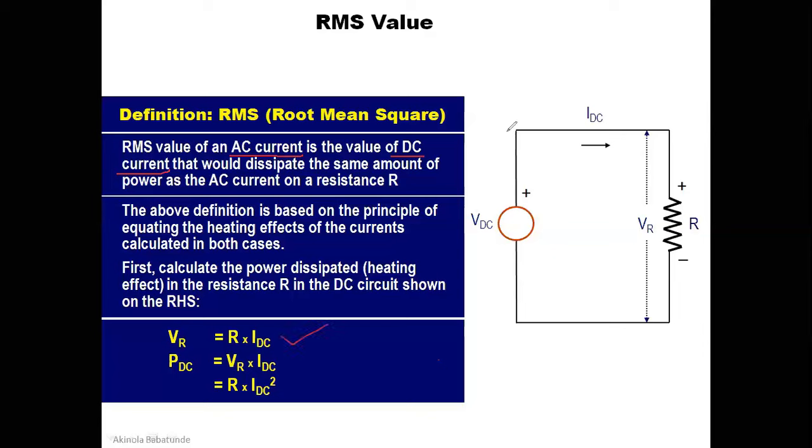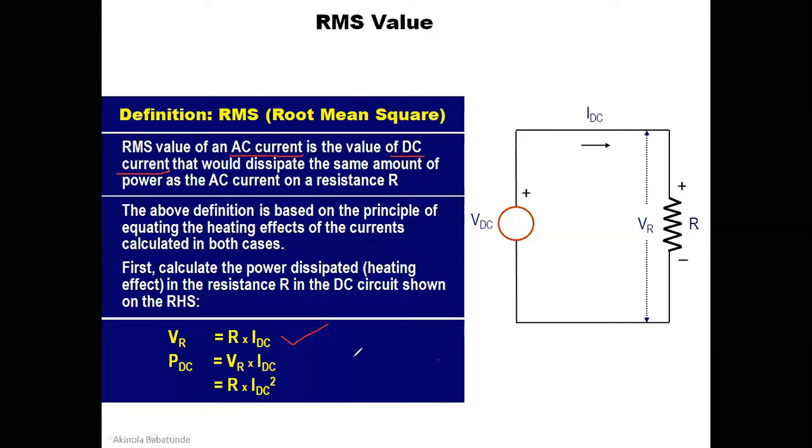Since we have our VR, our PDC, which is the power dissipated on this resistance, will be equal to VR multiplied by IDC, because power is VI. And we already know that VR is R multiplied by IDC. So if you combine these two together, PDC will be equal to R IDC squared.